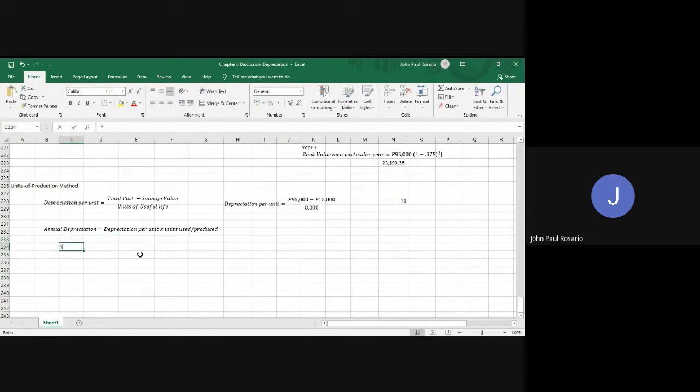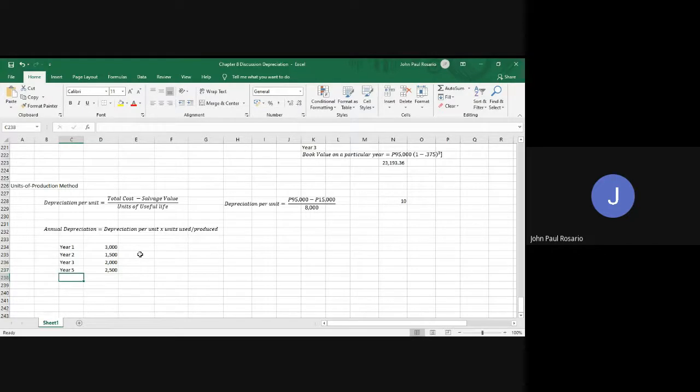For example, on year one, they used 3,000 hours. On year two, they used 1,500. On year three, let's just say 2,000. And on year four, they used 2,500.